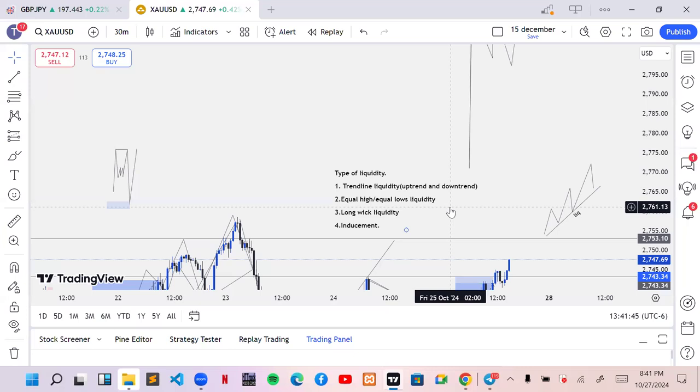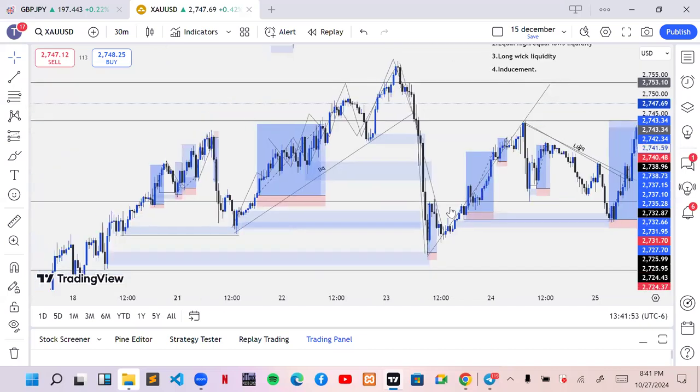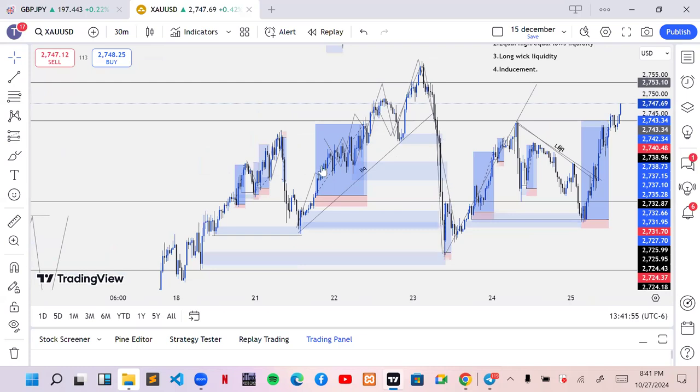Also, another place to take profits is a valid point of interest. For example, let's say you take a buy now, and there's an order block up here. Before you can consider using that order block as a take profit, you have to check if it fits the criteria of a proper point of interest.